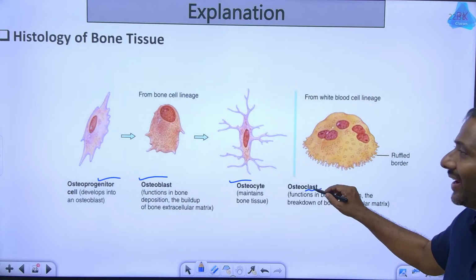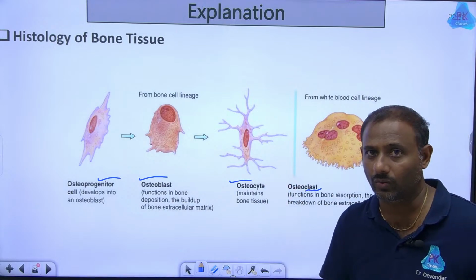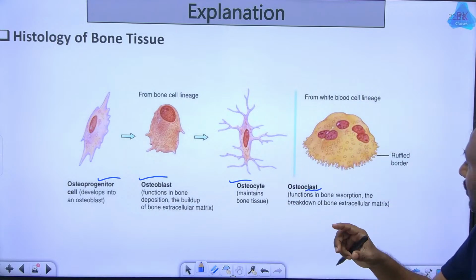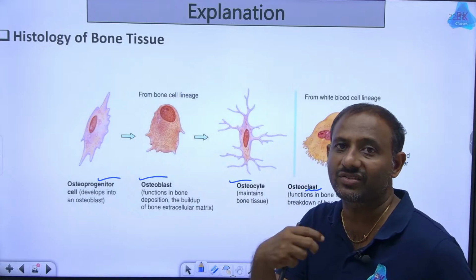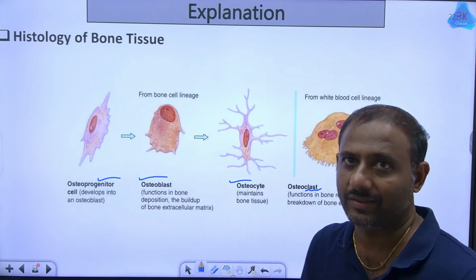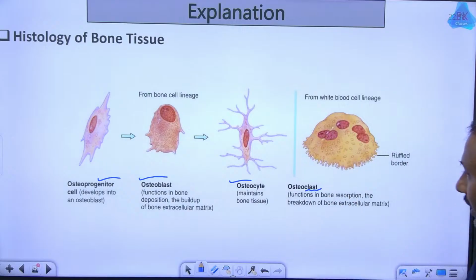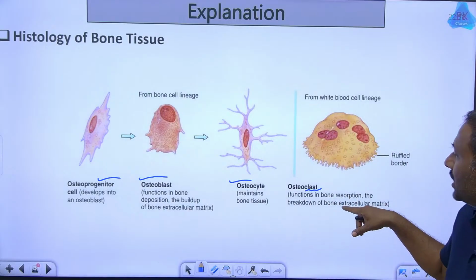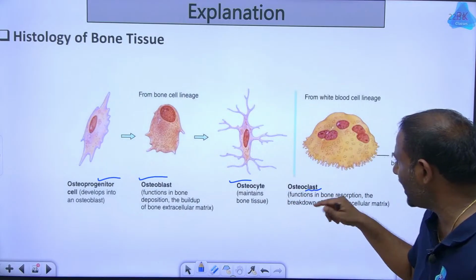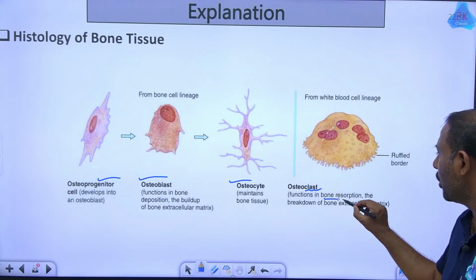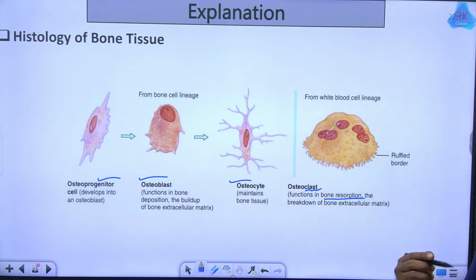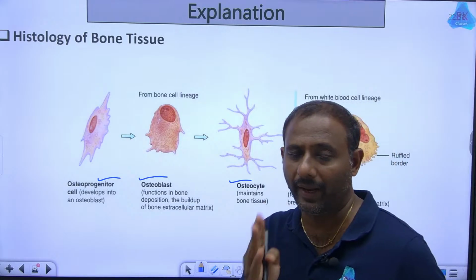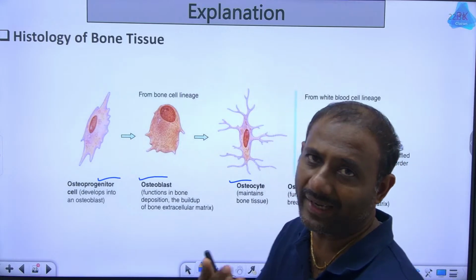So the meaning of clast is breakdown. So that will break down the bone extracellular matrix. Generally the osteoclast will function in bone resorption. Bone resorption means there is a breakdown of the extracellular matrix in the bone.